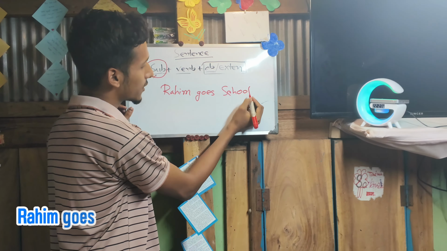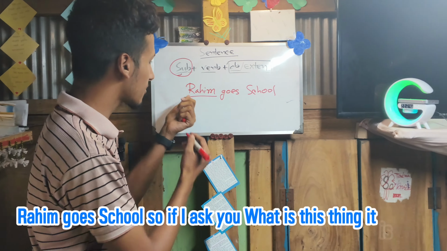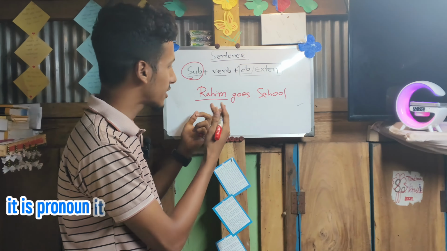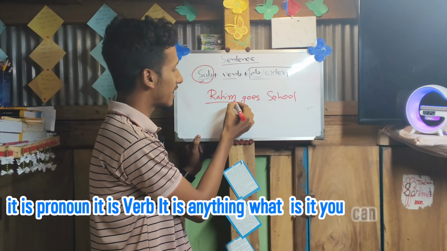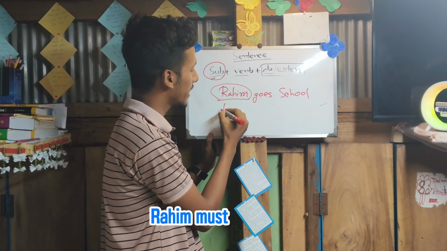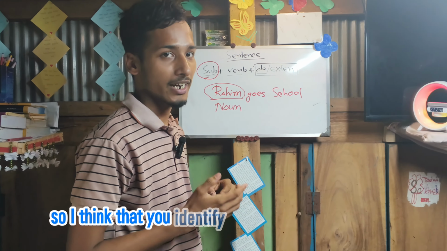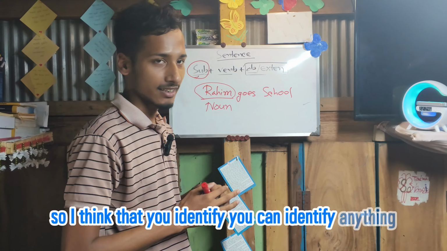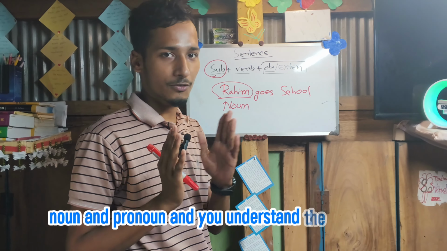Rahim goes to school. So if I ask you, what is this thing? Is it noun, pronoun, verb, or anything? You can say as a name, Rahim must be a noun. So I think you can identify noun and pronoun, and you understand the difference.